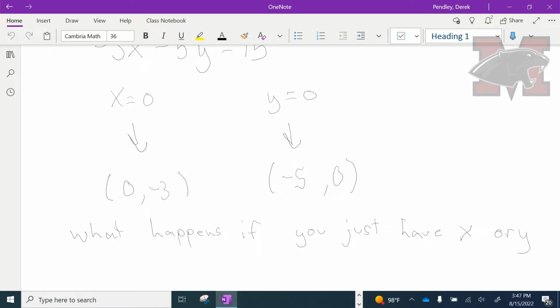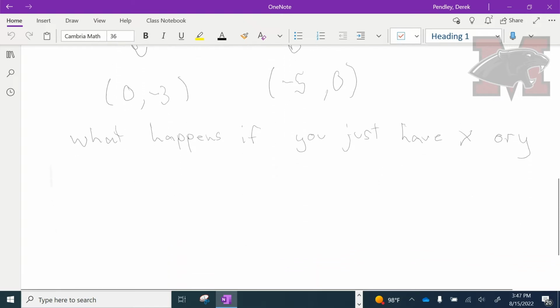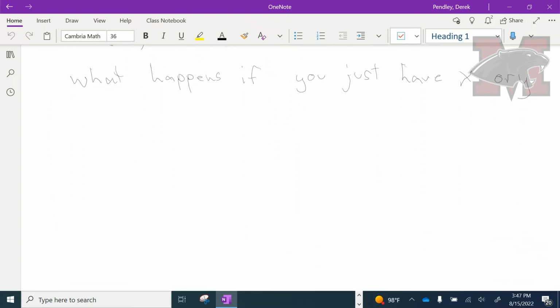There's not both of them, just one of them. So what happens? So in standard form, we were able to conquer that. But what happens if there's no x? So let me give you an example. 2y is equal to 4.